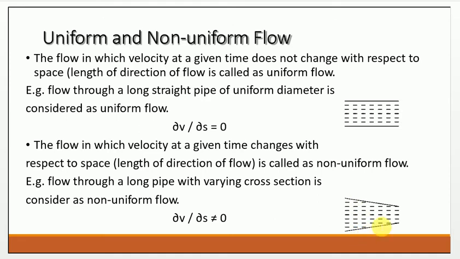In a narrow passage, you can have a higher velocity with low pressure. So velocity changes with respect to space, or the length in the direction of flow. So it is not equal to 0, it is not constant.